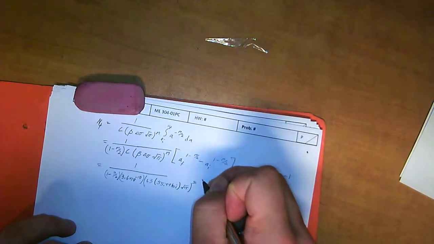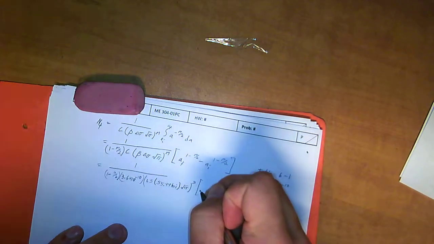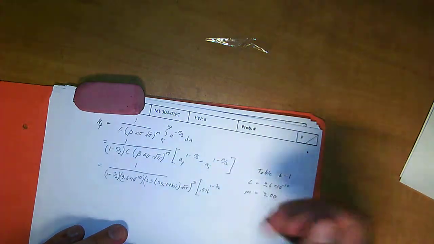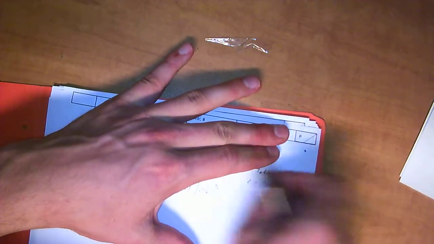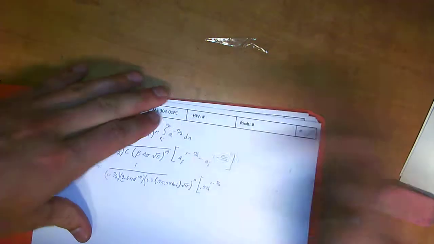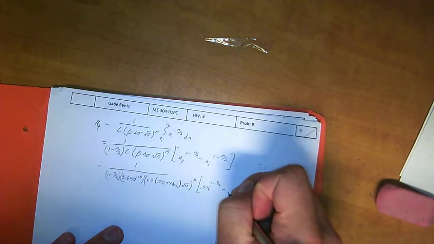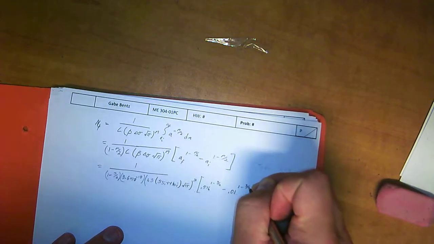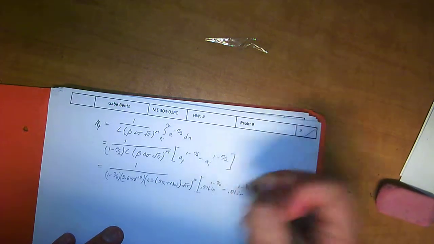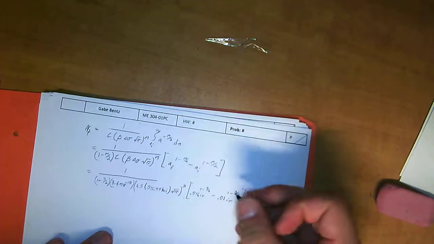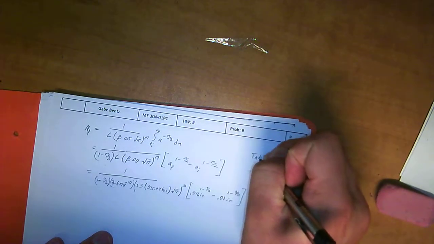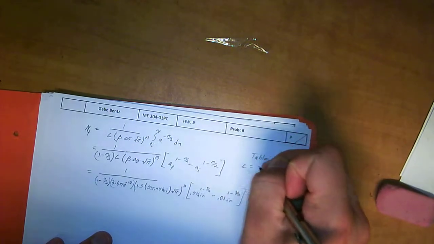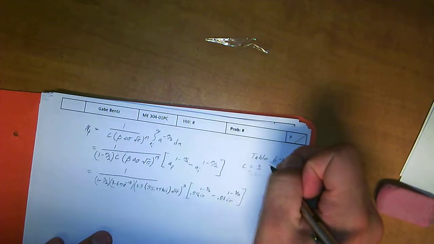minus 0.01, which is the initial, to the 1 minus 3 halves. This is inches, this is inches. Moving in on that, I'm actually going to write this down here again, so go ahead and skip ahead like 30 seconds. You don't want to watch me write this again: C is 3.6 times 10 to the negative 10th, and M is equal to 3.00.